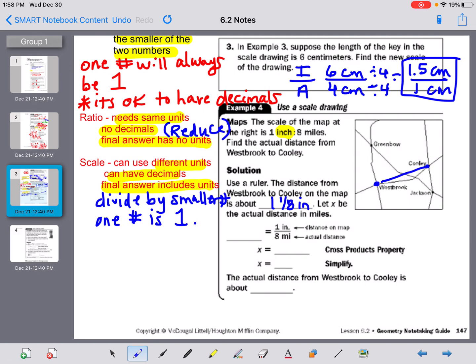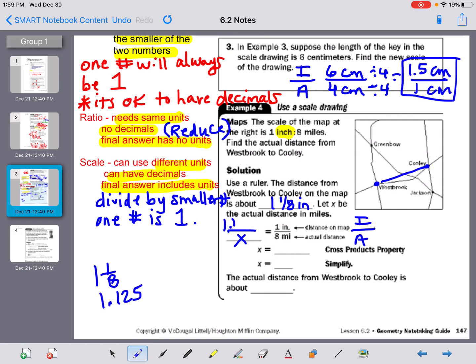Okay. Now, we have a problem, though, because I don't want a fraction in my proportion, I really don't want a fraction in a fraction. So, by the way, we have image over actual, right? So my image is 1 inch to my actual, which is 8 miles. Notice I'm kind of using words just like I did on the story problems from 6.1. I'm looking for how far apart they are actually. And I had 1 1/8 inch. So if I do 1 divided by 8 on my calculator, that's 0.125, and then I just put the 1 in there.